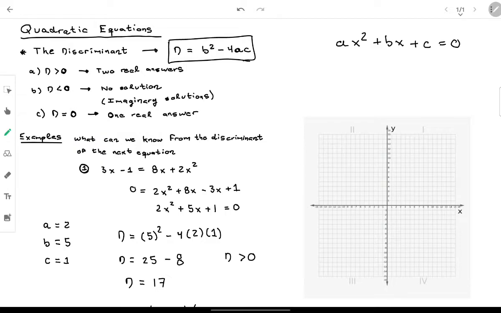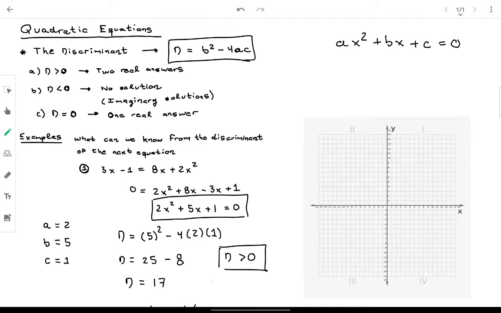So first of all, about this equation, it has three terms. It has the a, the b, and the c. So we can know that this specific formula, the quadratic equation, is a complete quadratic equation because it has a, b, and c. So that's the first thing we can know about this equation. What else we can know when the discriminant is bigger than 0? If the discriminant is greater than 0, in this one, it will mean that we have two different real solutions.